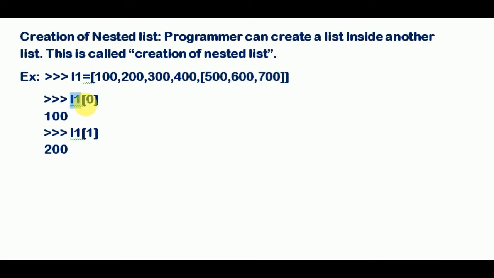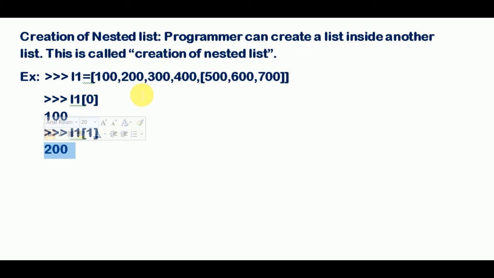Now if we want to check the elements, then we use the index number of those elements. So here we use 0 index value. So we have 100 on index value 0, and on the first position we have L1 of 1.